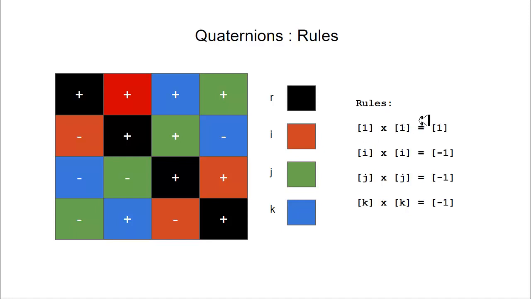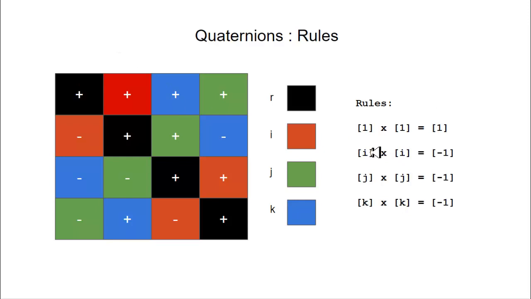So 1 times 1 equals 1 means that when we put ones in the black locations, positive 1, positive 1, positive 1, positive 1, and zeros everywhere else, and we square that, multiplying it by itself, we are going to get positive 1. And also if you put negative 1, negative 1, negative 1, negative 1, and you square it, you're going to get positive 1.